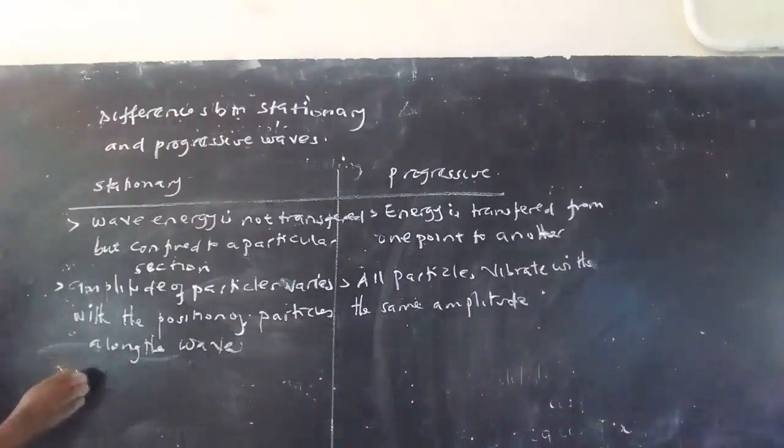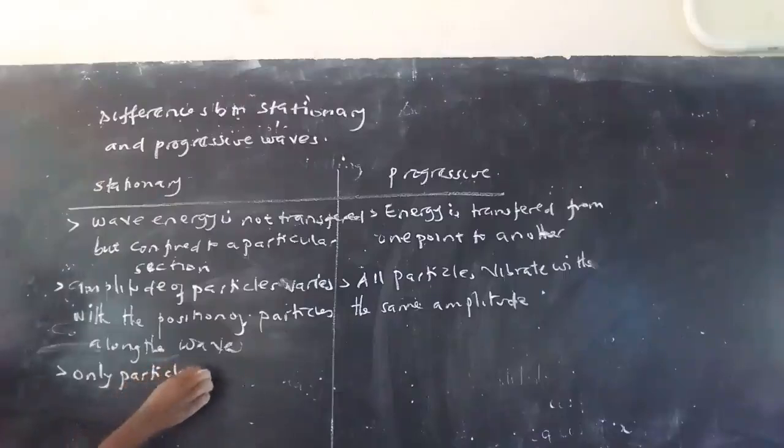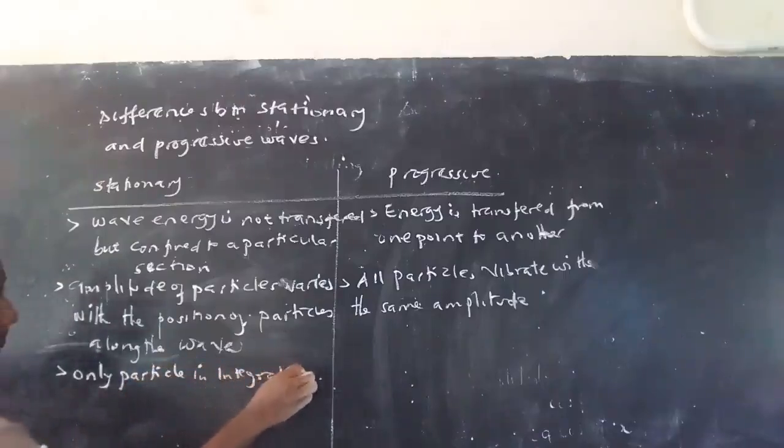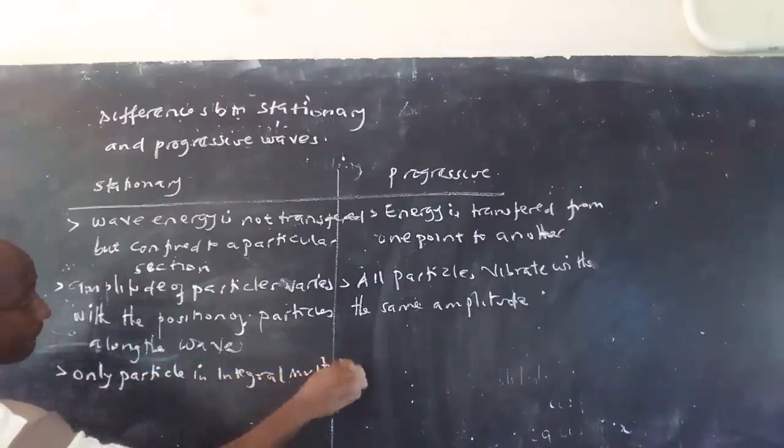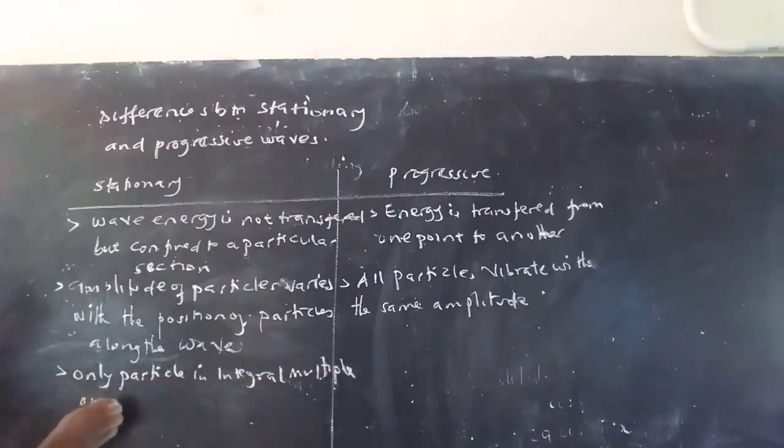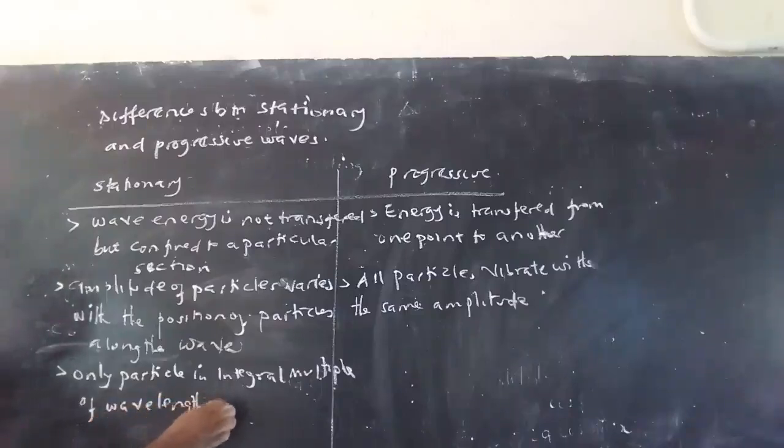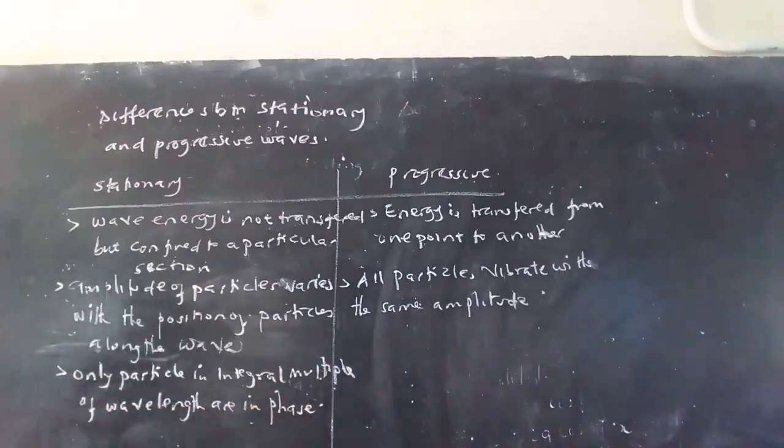Then the third one: in stationary waves, only particles at integral multiples of wavelength are in phase. We shall see how the integral multiple comes in.